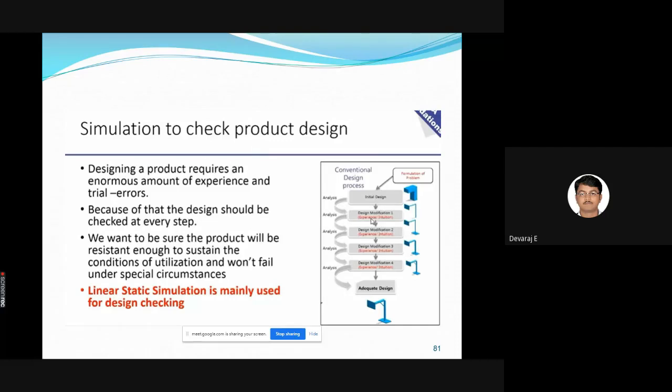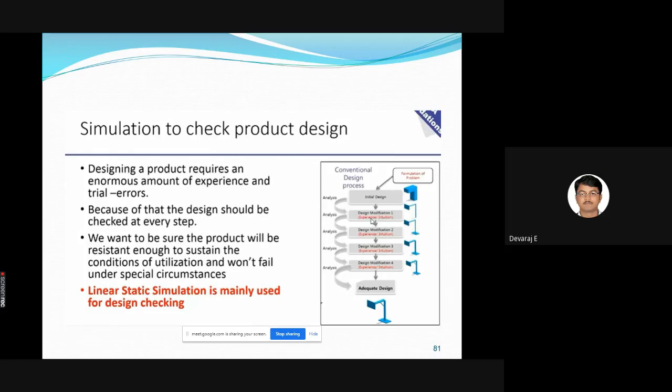So that indicates we have added excess material inside the product. So what they will do is topology optimization. Once they do topology optimization, that is called design modification 1. So this is the initial model or initial design. When the stress is lesser, we go for design modification 1.